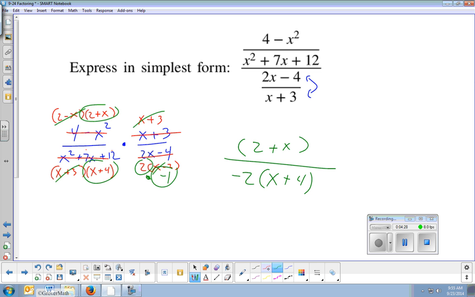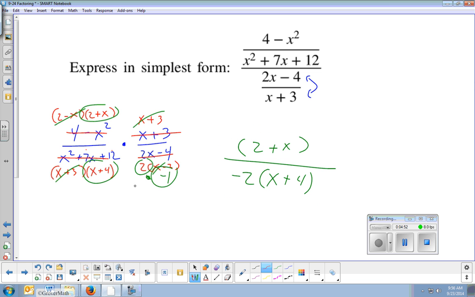And remember, that's as far as I go. I cannot simplify these because this 2 is attached to this plus x. That's an entire expression. I would only be able to eliminate it with a similar 2 plus x or x plus 2. And so this is my final answer. Sometimes you're going to be left with multiple pieces.